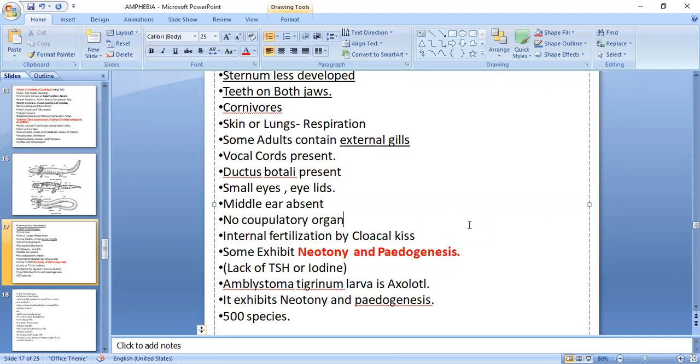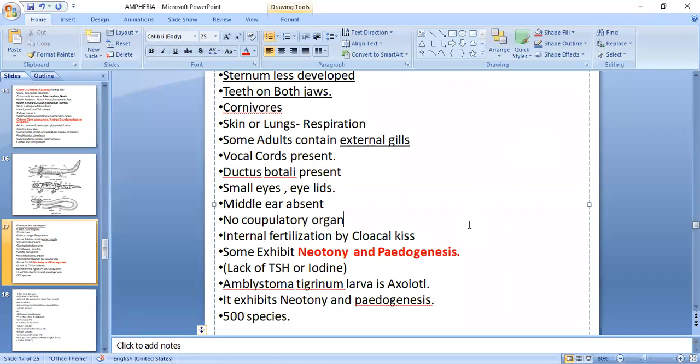which induces the metamorphosis in the larva. That lacks in the food or in the water in its surrounding area, or in the body, the TSH is absent due to various reasons. Iodine may not be present for the synthesis of thyroxine, or the thyroid gland may be non-functional. So due to many reasons, thyroxine is not produced.